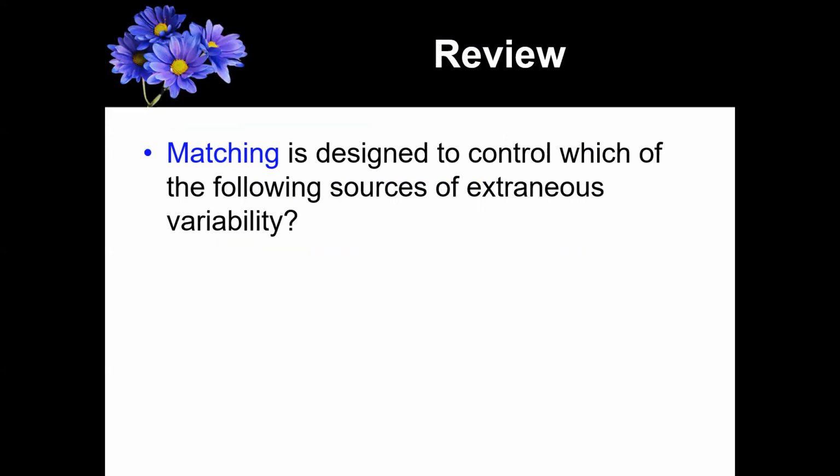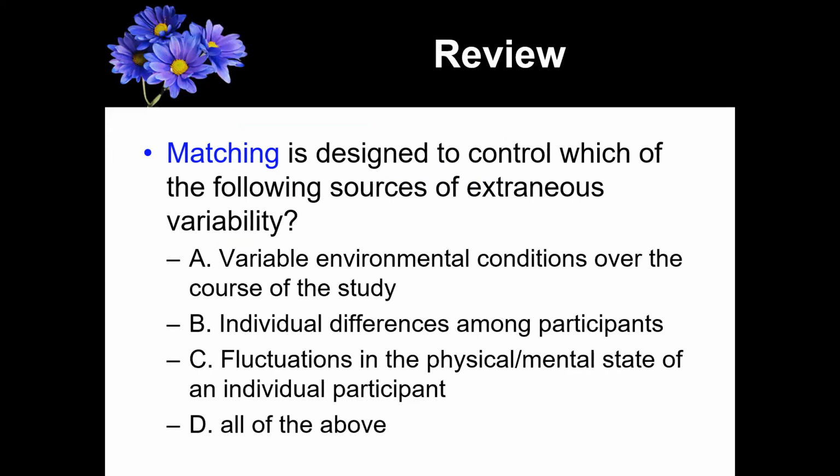Okay, just a review question. Matching is designed to control which of the following sources of extraneous variability? Variable environmental conditions over the course of the study, individual differences among participants, fluctuations in the physical or mental state of an individual participant.